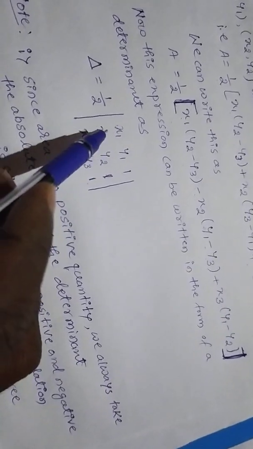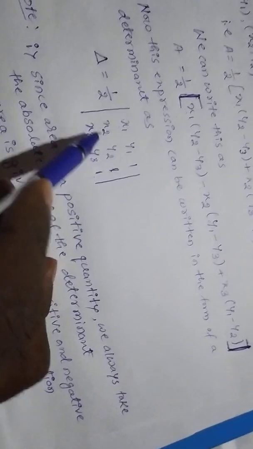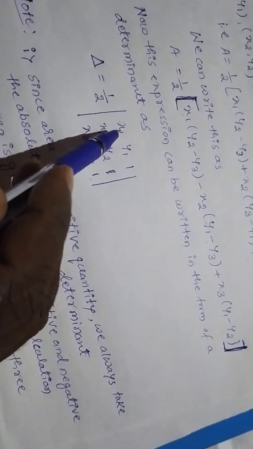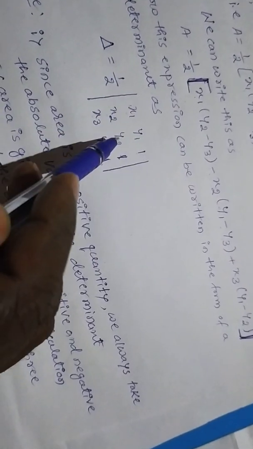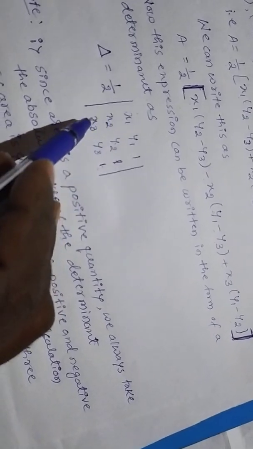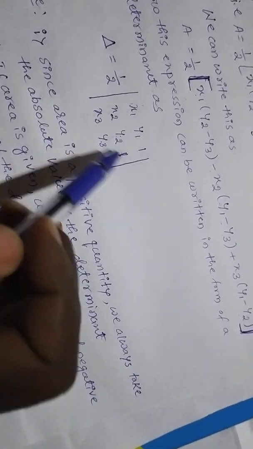If we expand this determinant along C1, we get half into x1 times, after deleting the row and column in which x1 lies, the remaining elements: y2 into 1 minus y3 into 1, that is y2 minus y3.